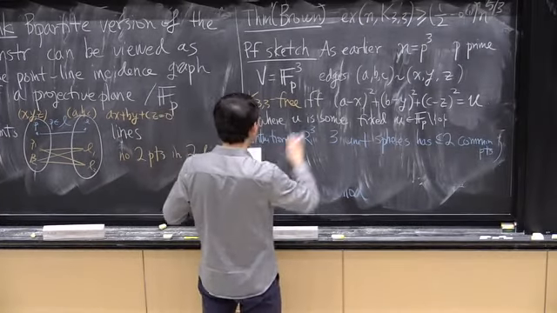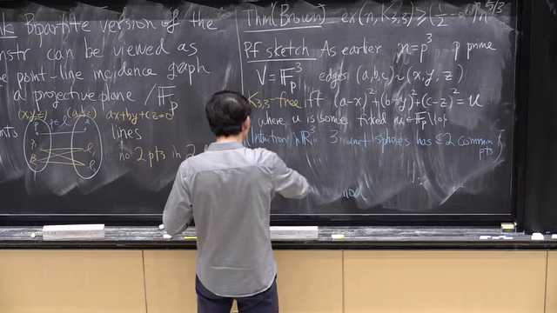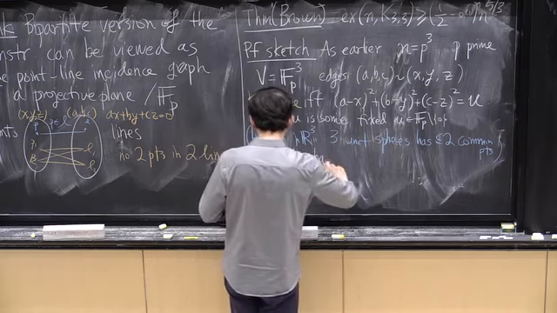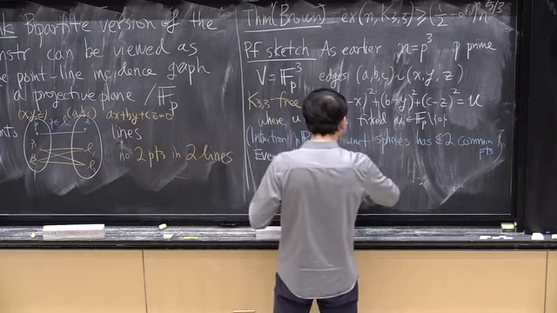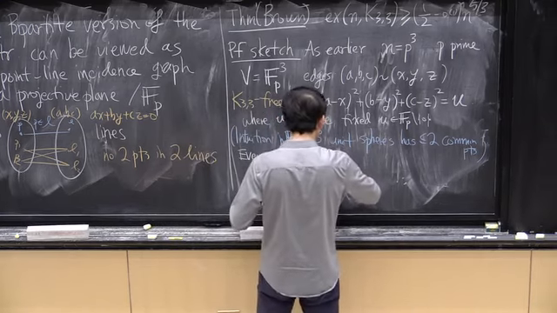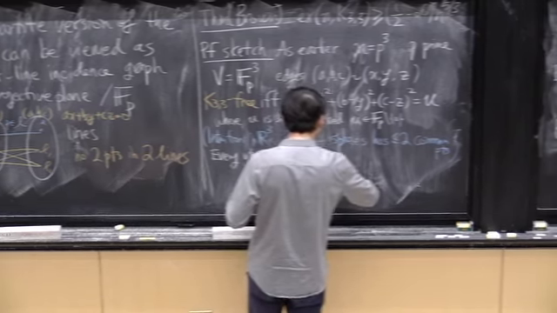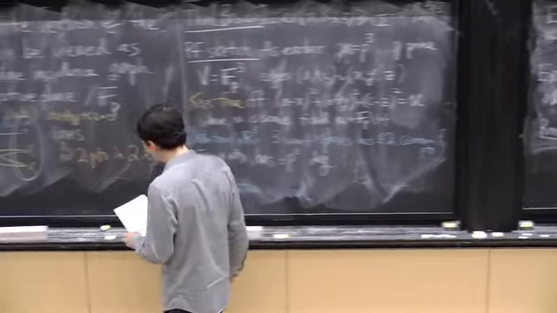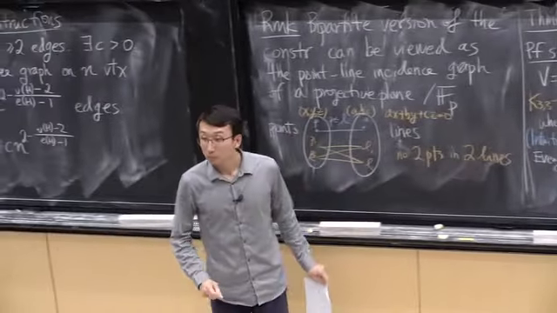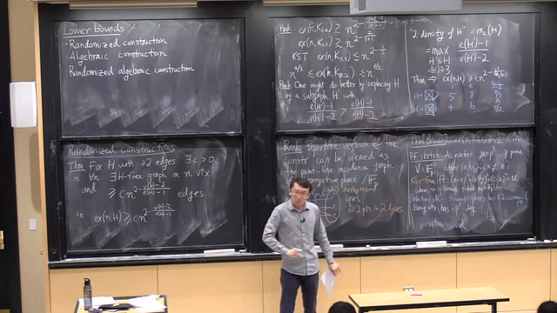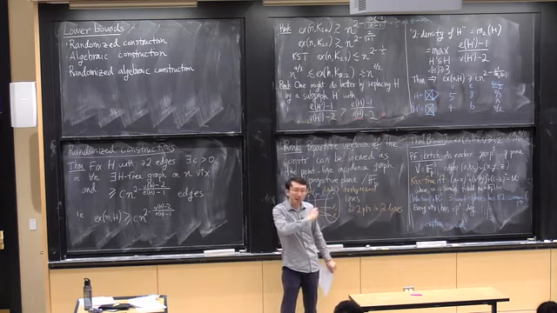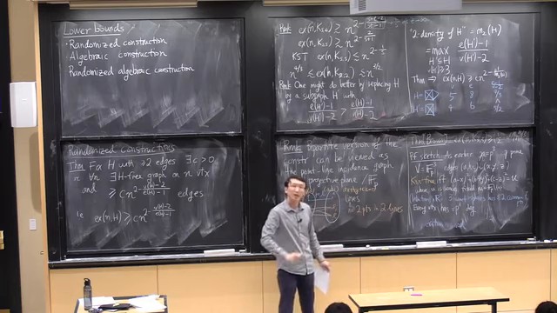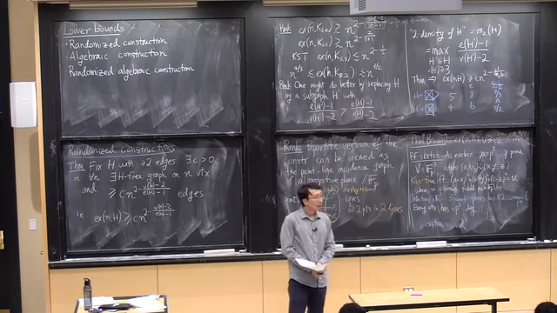But the point is that every vertex has close to p squared degree. So lots of edges, and combining with basically the same ideas as before, you get the construction. Any questions?